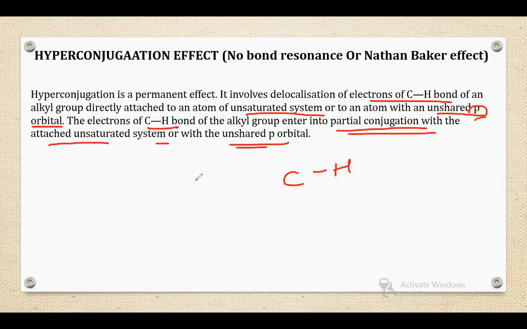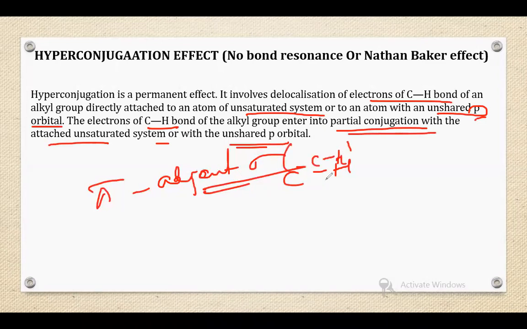So how can we define this? This is the interaction between the electrons of a pi system and an adjacent sigma bond. The sigma bond is the carbon-hydrogen single bond, right?